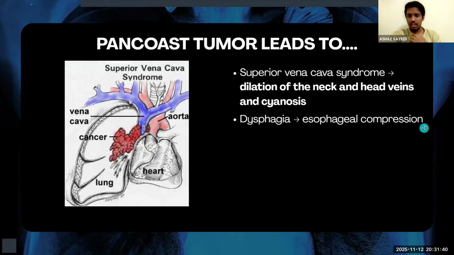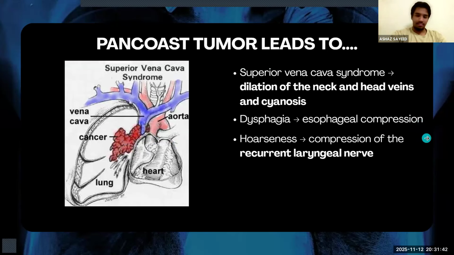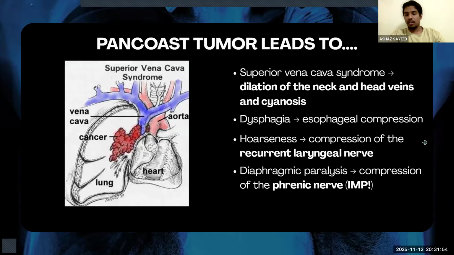Okay. You're going to have hoarseness. Again, hoarseness, recurrent laryngeal nerve. I assume you guys already took this. If anything compresses the recurrent laryngeal nerve, hoarseness. You guys already know this. And now diaphragmatic paralysis. She told that the phrenic nerve runs anterior to the hilum, right?